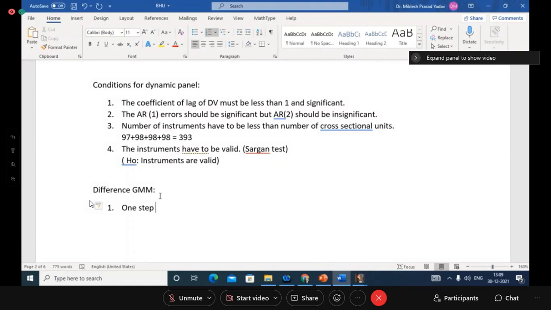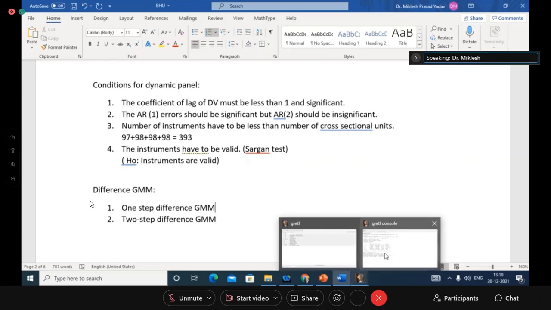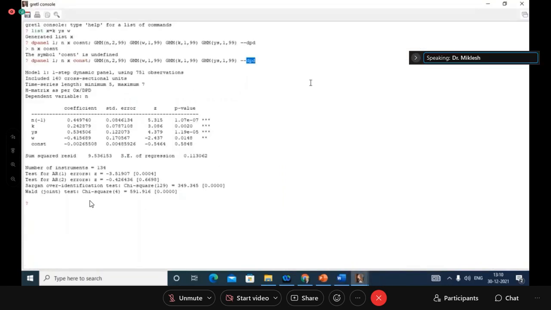And the second one is two step difference GMM. So one step difference GMM. Whatever you have done, this is one step GMM. This is a one step Arellano-Bond model. This is not two step.